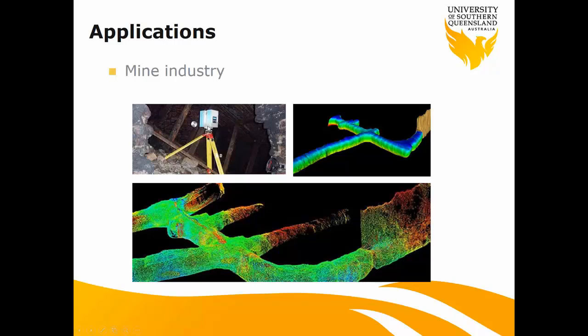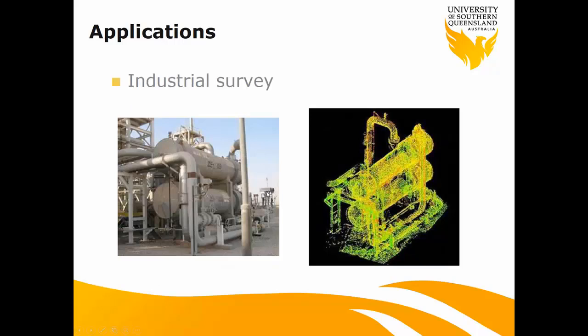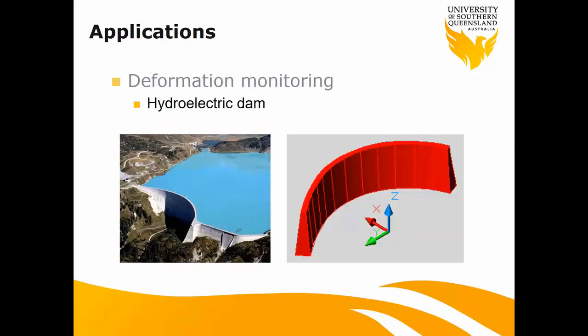And it's easy to carry underground, compared to that time of flight laser scanner. And other applications are for the industrial equipment supply. That's the high density laser scanning point. We want to monitor this or get the as-built industrial equipment, so we can use laser scanning.